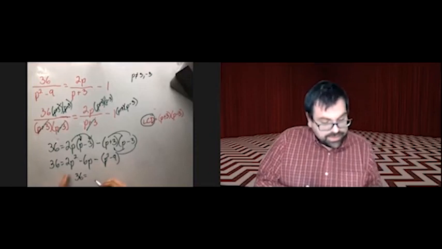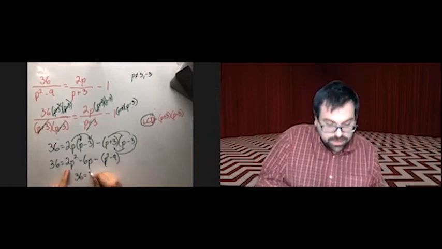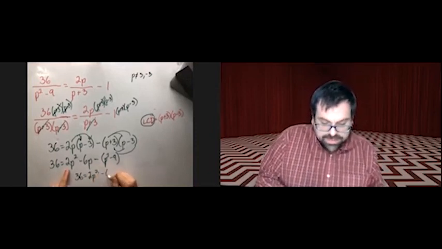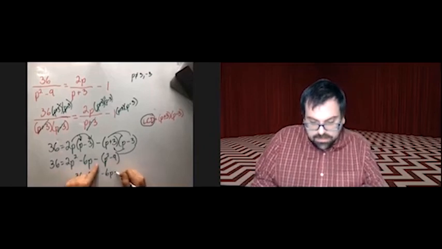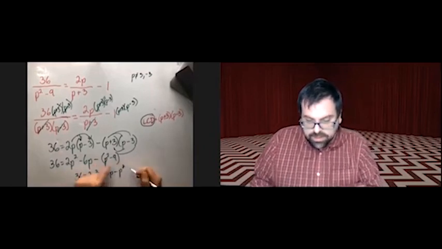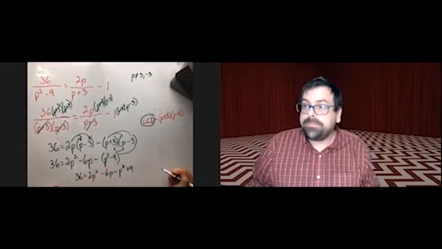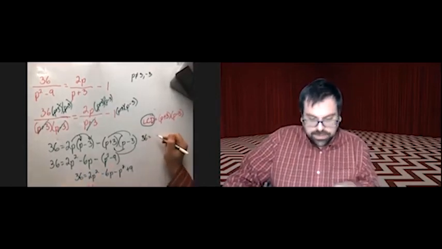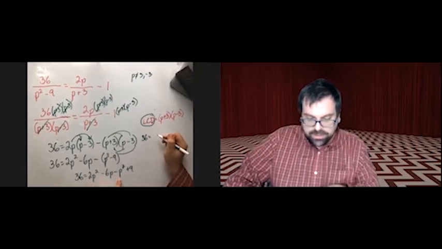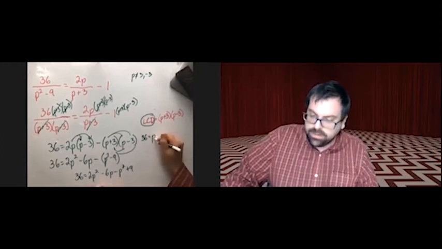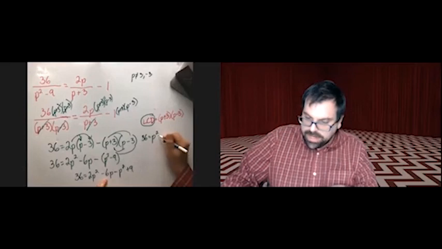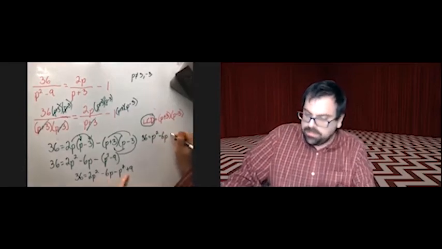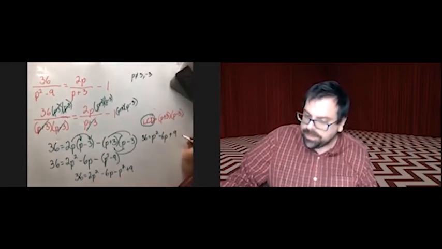So 36 equals 2p squared minus 6p minus p squared plus 9. 2p squared minus p squared is p squared, minus 6p plus 9.